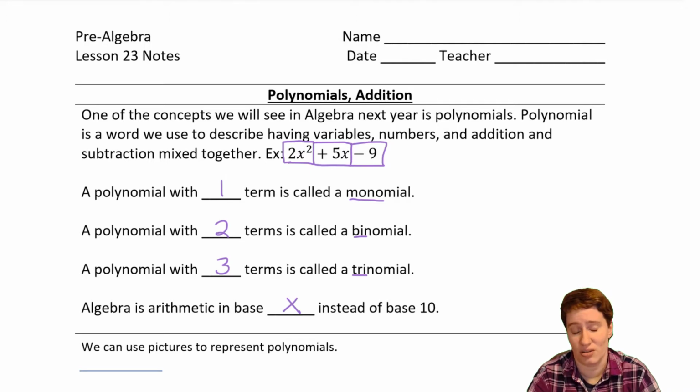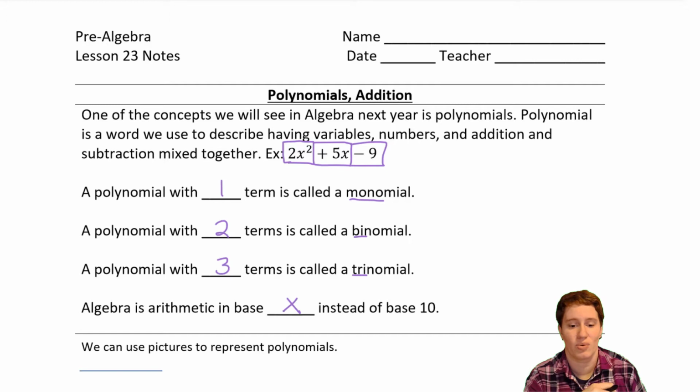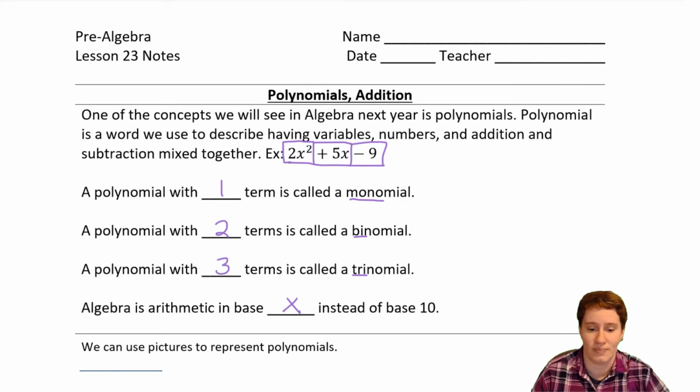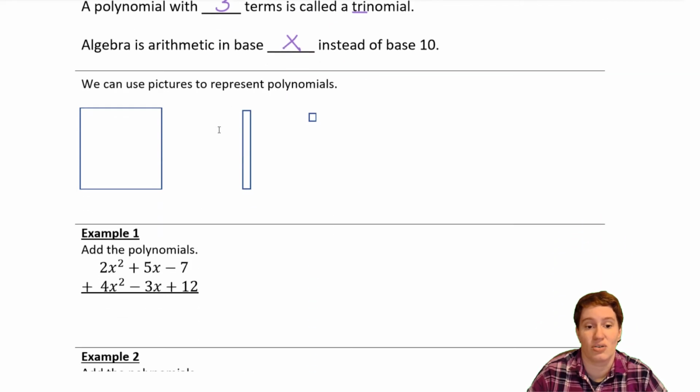If you've been doing Math You See for a while, or if you've just been using manipulatives for a while, we have these unit blocks that we can use when we're talking about place value with a base of 10. I'll go ahead and scroll down. You'll have maybe these three kinds of unit blocks. This would be a 100 block because it is usually 10 by 10. This is a tens block. You don't need to write this down if you're writing down notes. And this is a ones block.